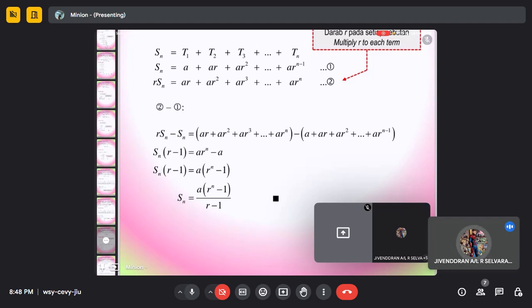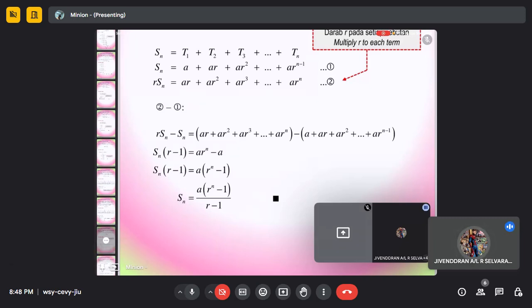Since you can factorize out a, you'll get Sn(r minus 1) equals a bracket r to the power n minus 1 close bracket. Then you can move the r minus 1 to the other side, so you will get Sn equals a(r^n minus 1) over r minus 1. So that's how you get this formula.